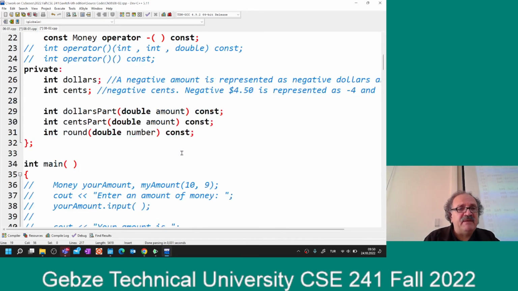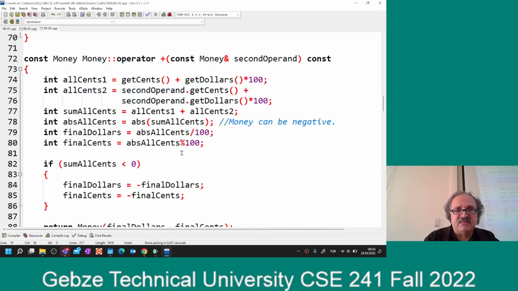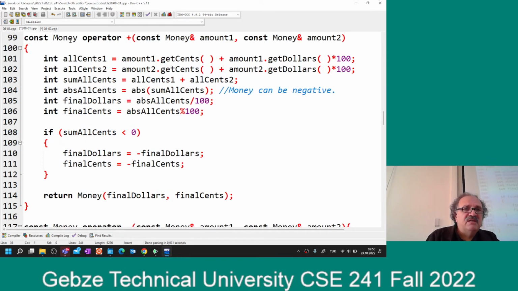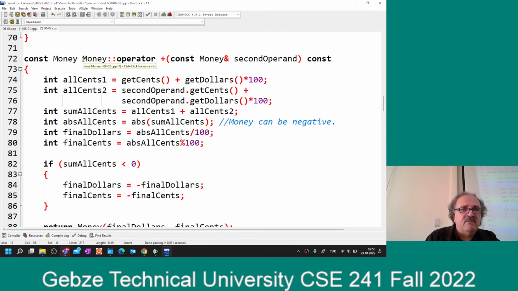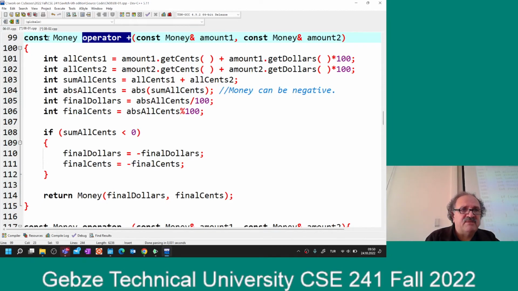So the way I implement them is very simple. I just implement them this way. Plus operator. Again, this is very similar to this definition. This is a name operator plus. My new name is now money operator plus. It's not a global function anymore. Okay. And it returns a const money, this one.